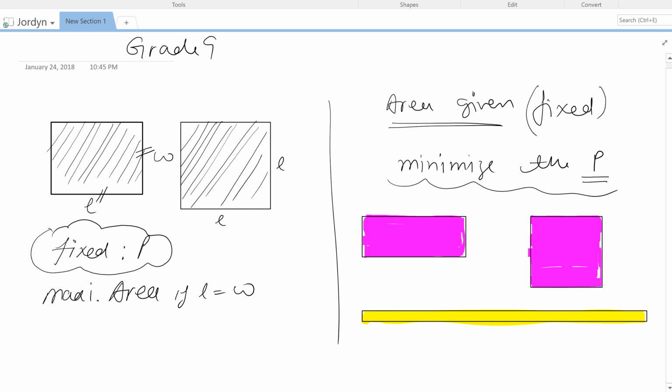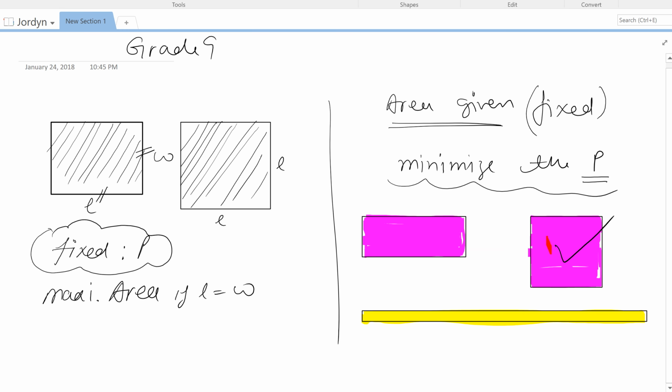You see, it's pretty clear that the fence of this rectangle is far bigger than this one. So the conclusion is this one is going to have the minimum perimeter. Minimum fence will be required in this one. Though the area of all of them is the same, the perimeter is minimum in that shape.